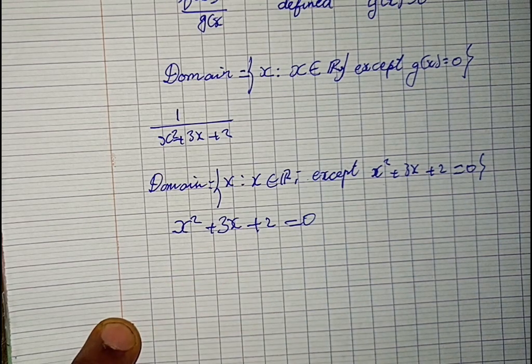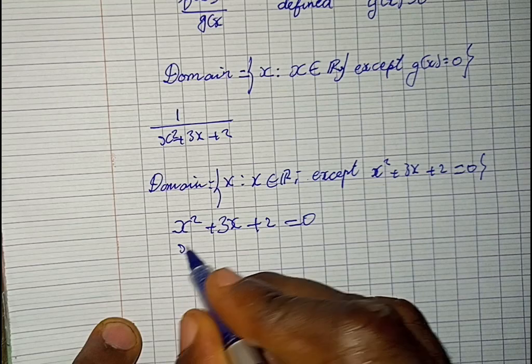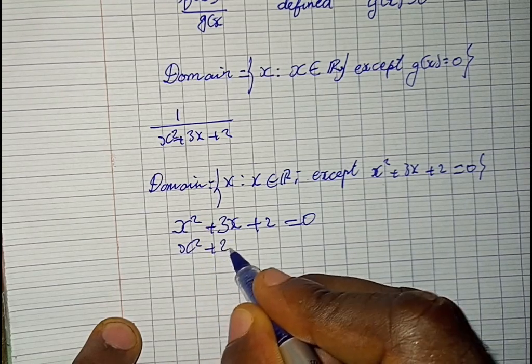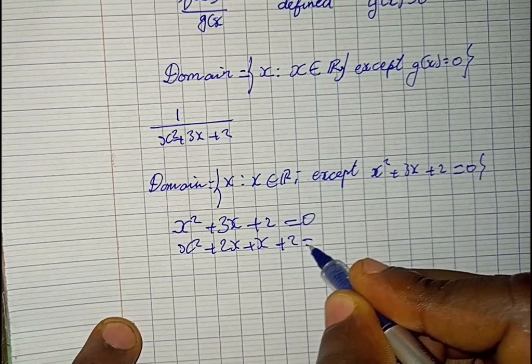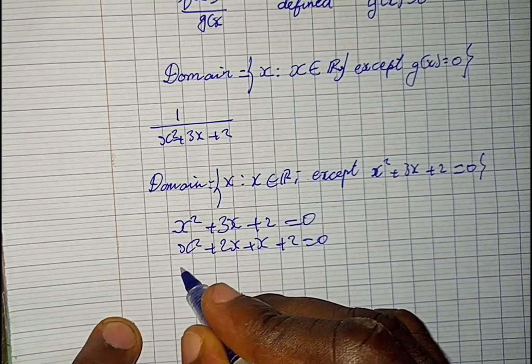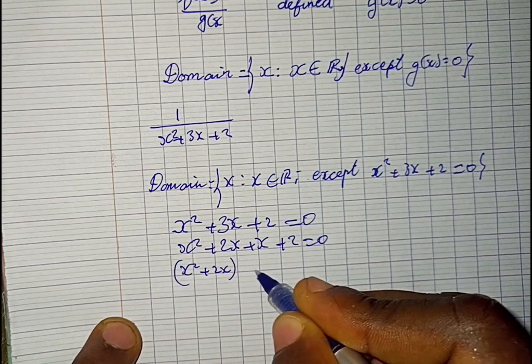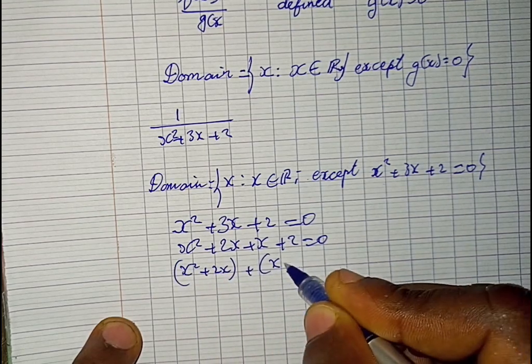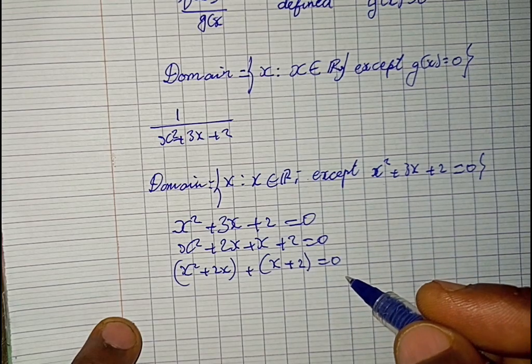So let's factorize it. I have x squared plus 2x plus x plus 2 equals 0. And I have x squared plus 2x, I'm grouping it, plus x plus 2 equals 0.